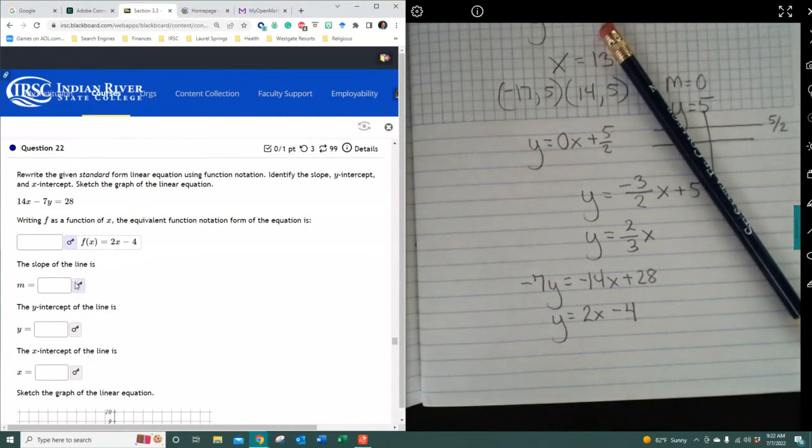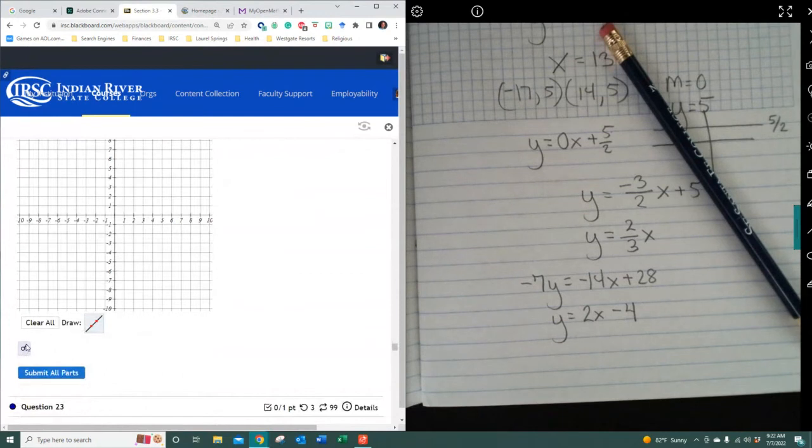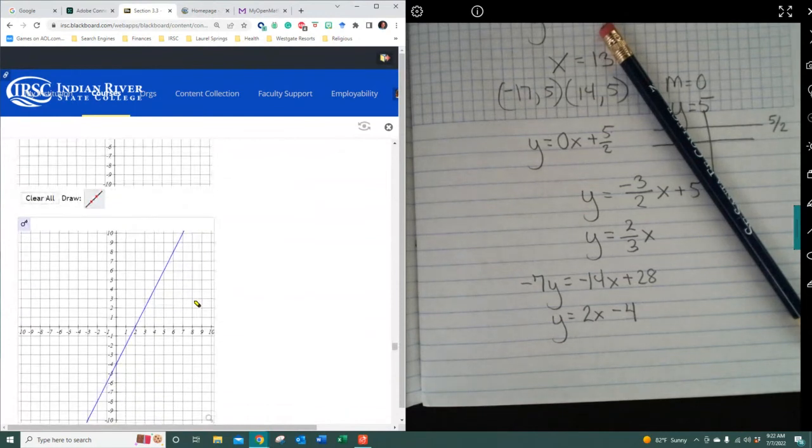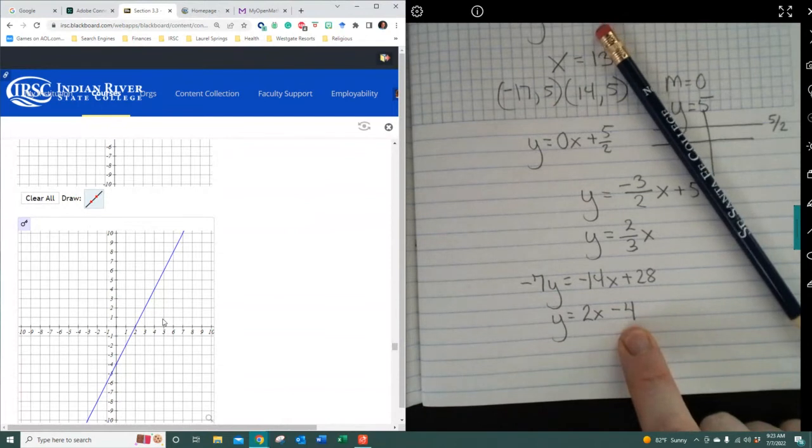Good. Slope 2, y-intercept -4, and then it's going to become 2 for the x-intercept, and then we go ahead and graph it. I hope you understand how to graph it now. You start at -4, go up 2 over 1.